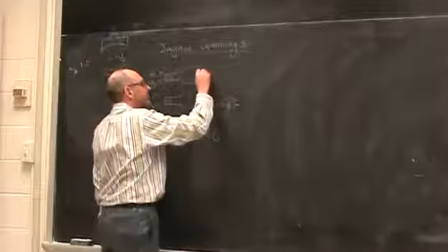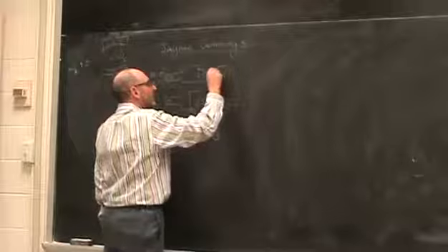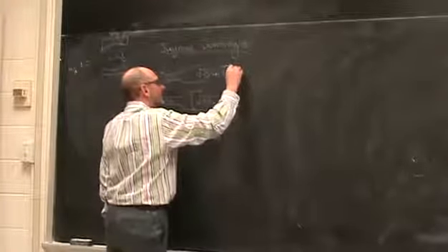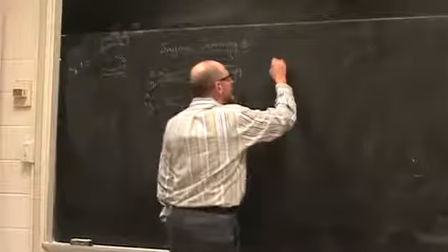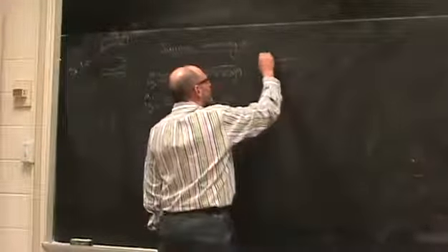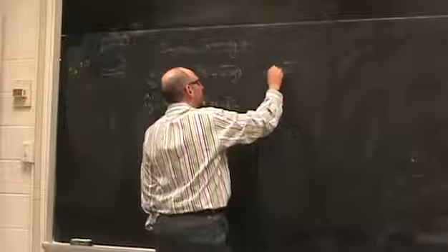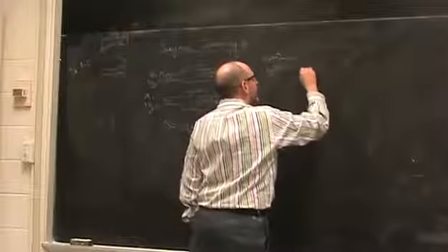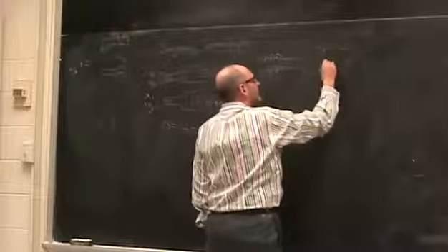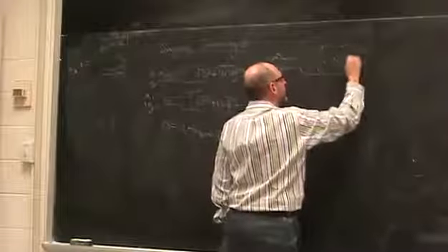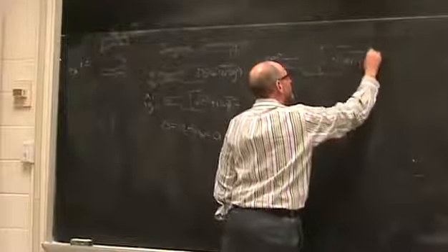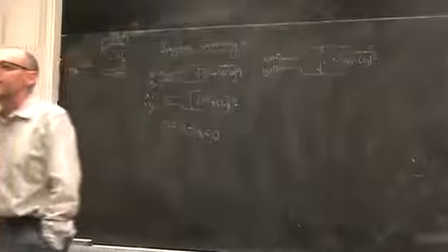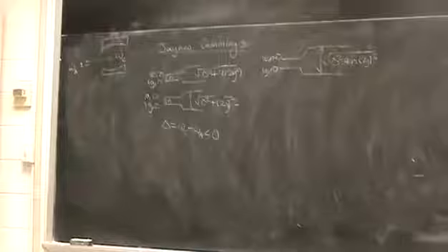And generally speaking, if we have n excitations in the system, then the splitting between these two is the square root of delta squared plus n g squared. Right? That was our Jaynes-Cummings ladder.